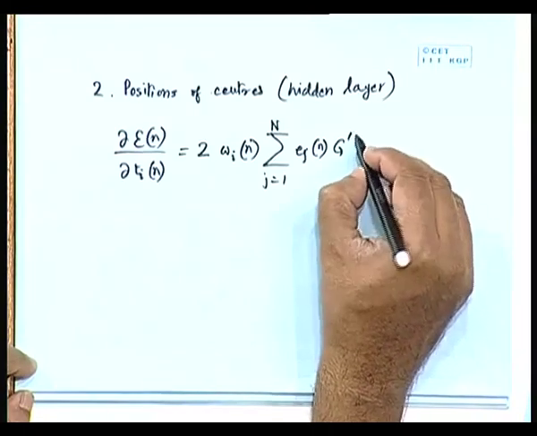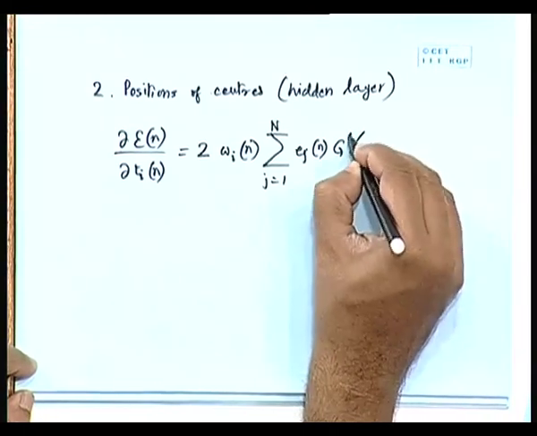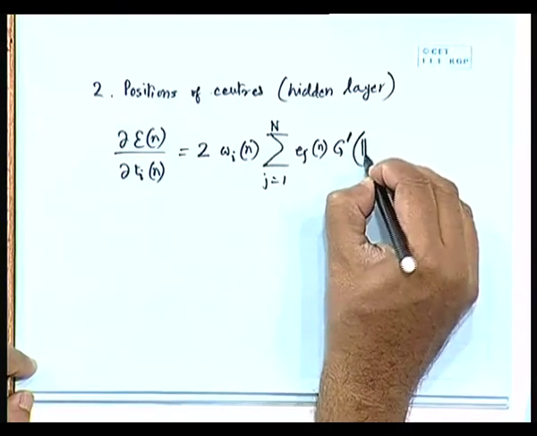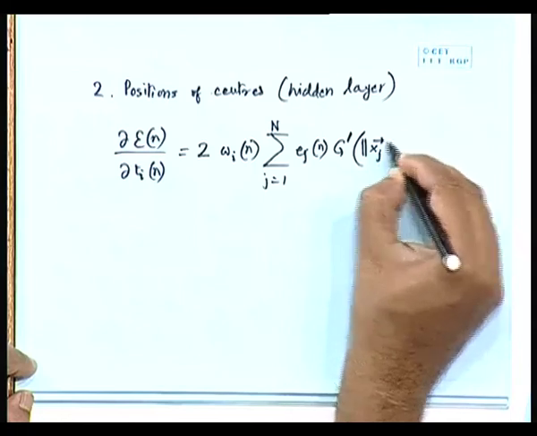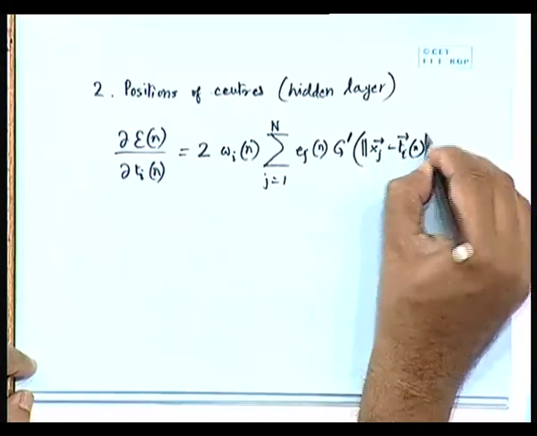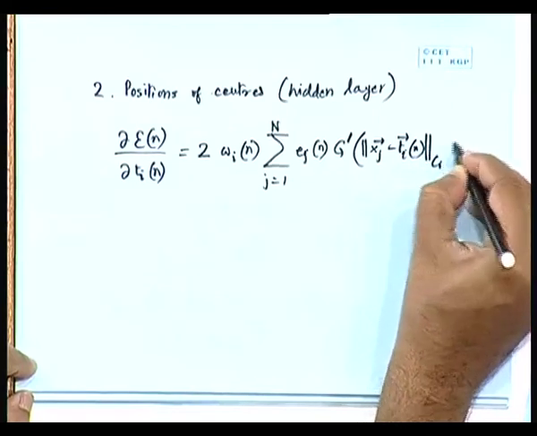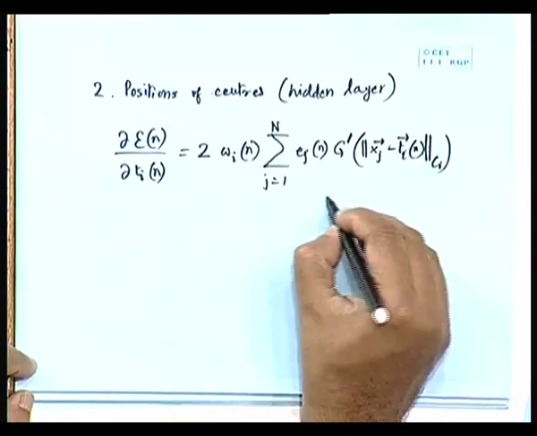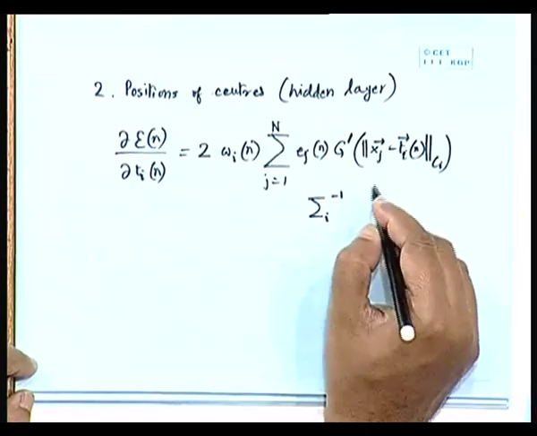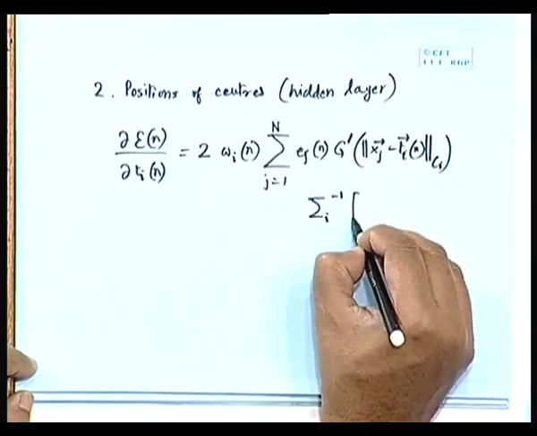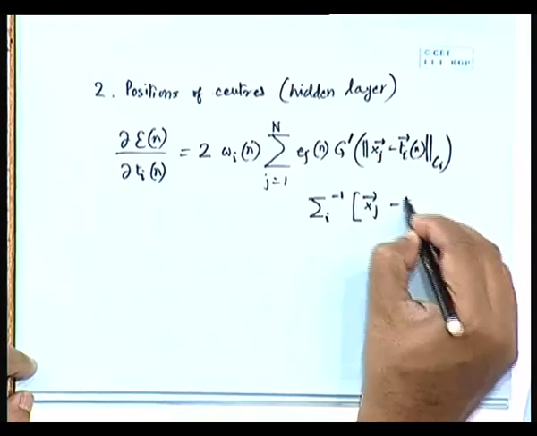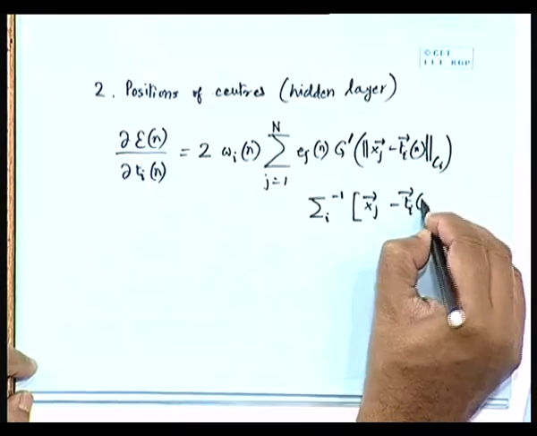So, it is g prime, that is what we are writing. g prime means the derivative of g, and as its argument we will have x_j minus T_i(n), having weighted norm C_i, and then this continues Σ_i inverse, and then we have the term x_j minus T_i(n).